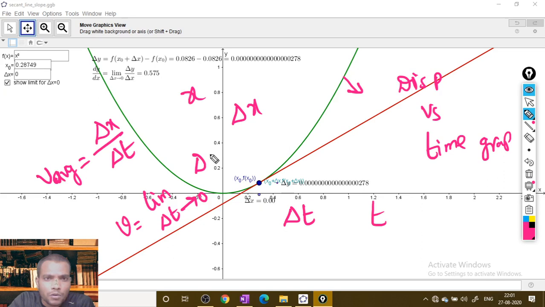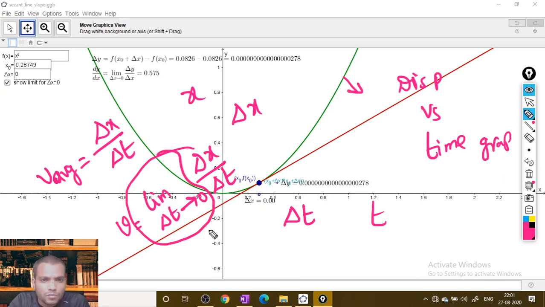Then we write delta x upon delta t. Now how can we do this mathematical operation? We do it by calculating the limits, and the entire expression I am going to change. This I can write in a simple manner as dx by dt.